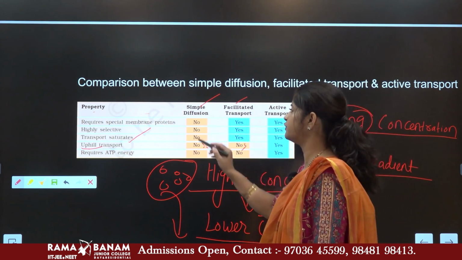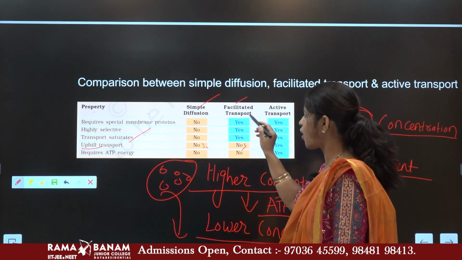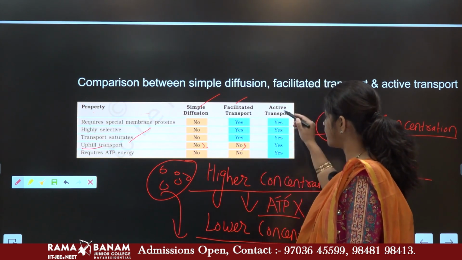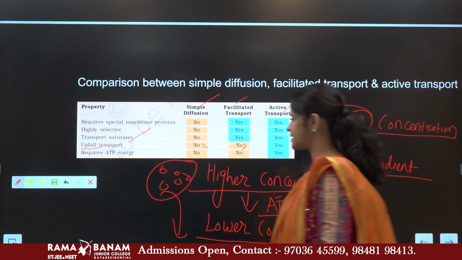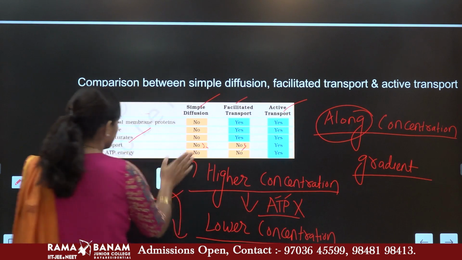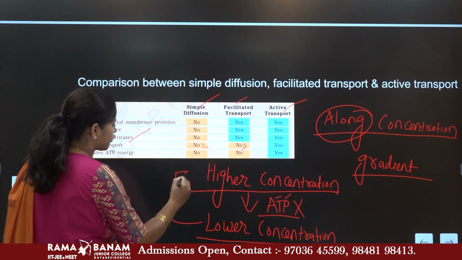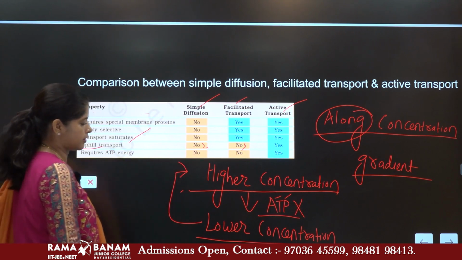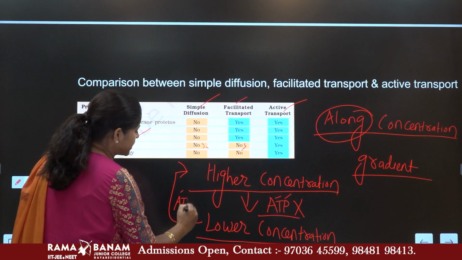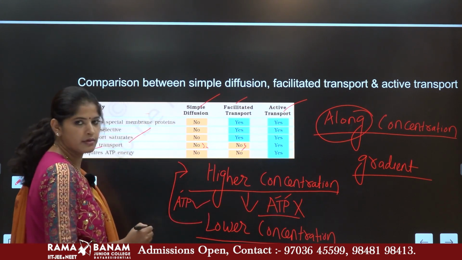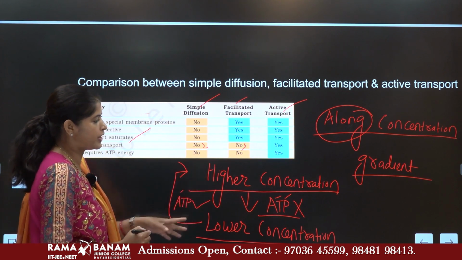For simple diffusion and for the facilitated transport, it is along the concentration gradient. And when you look at the active transport, how is the movement happening? Movement is happening from lower to higher. So, from lower to higher means ATP is required. From higher to lower, no ATP is required.